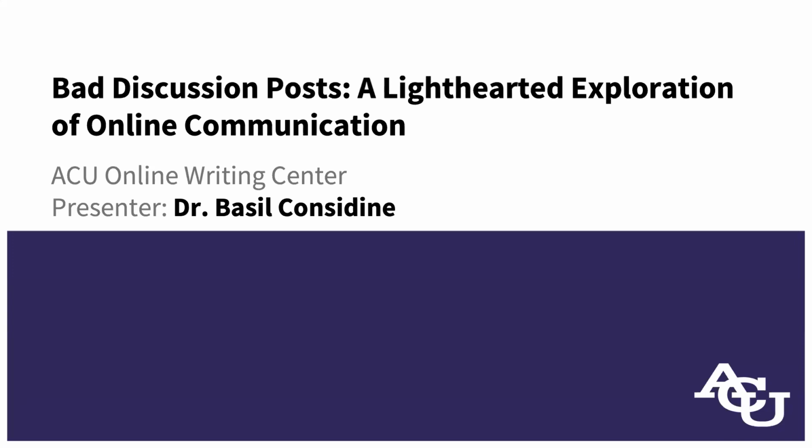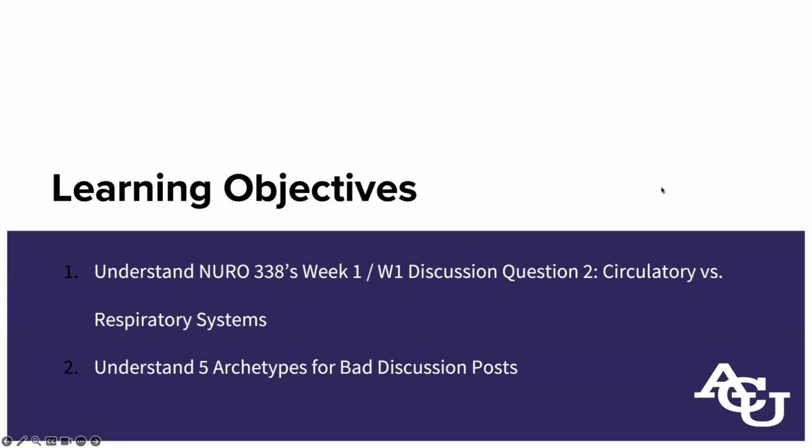So, if you do something other than that, if you do something that actually follows the instructions, you're far more likely to get credit. All right, our example here is going to be taken from the NURO 338 course. This is a week one discussion question, and week one questions usually ease you into the new topic, which doesn't stop some people from going in an entirely different direction, as you'll see soon.